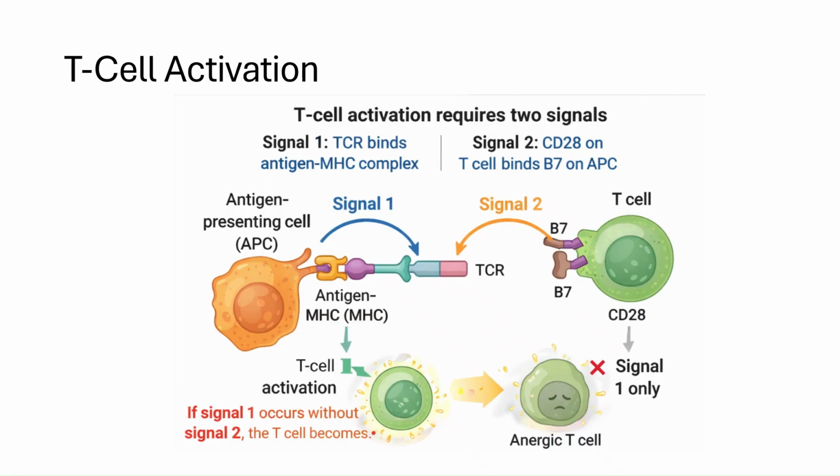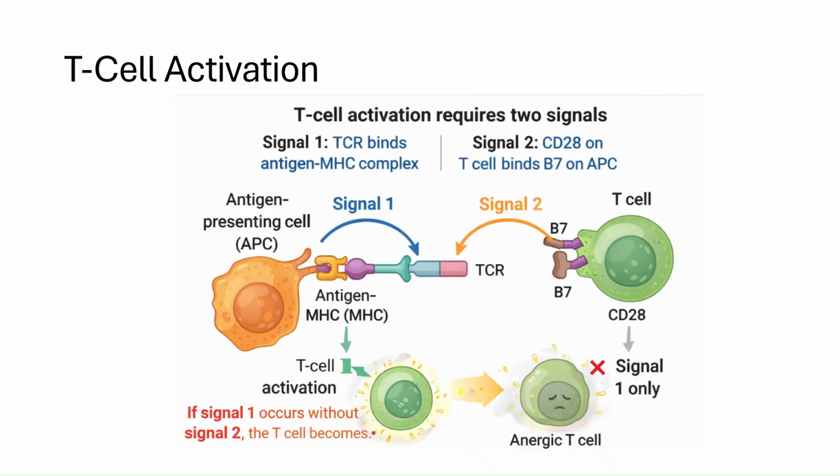So first look at the antigen presenting cell. This could be a dendritic cell, a macrophage, or a B cell. The antigen presenting cell processes an antigen and presents it on MHC1 for CD8 T cells and MHC2 for CD4 T cells.